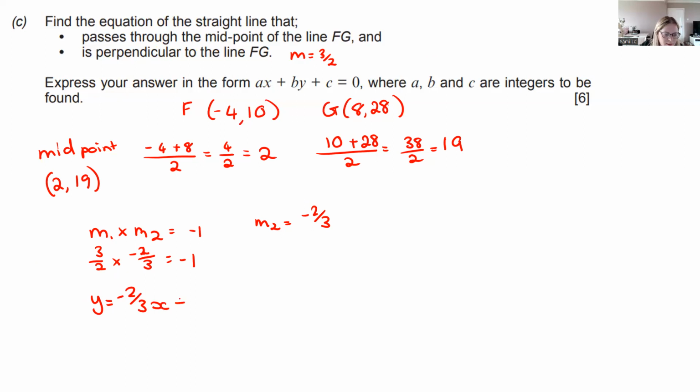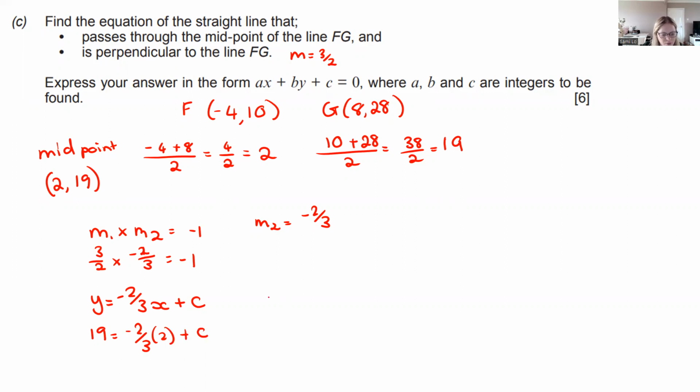So x plus c, we don't know what the c value is, but we have got our midpoint. So I'm just going to whack those points in now, like so. And rub that bit away. So it's 2, and then plus c.